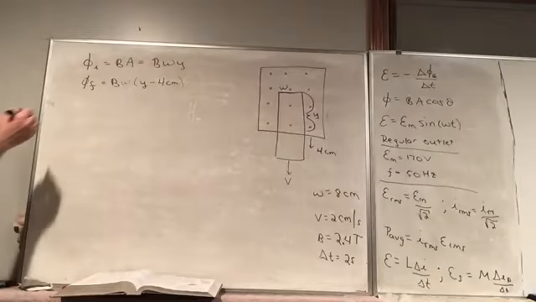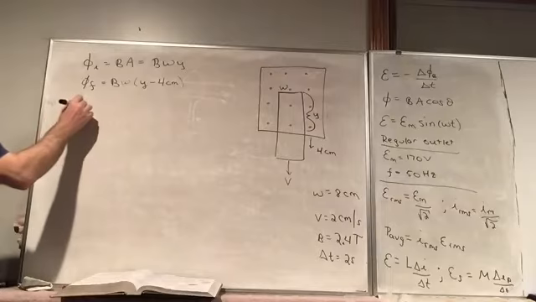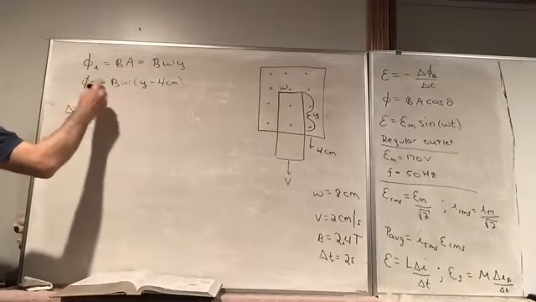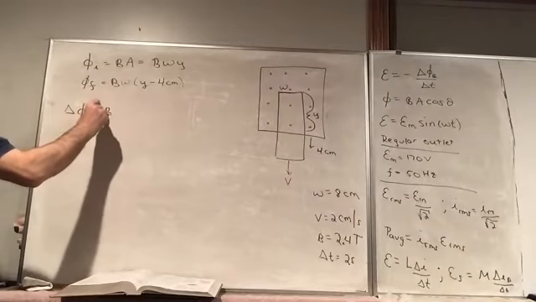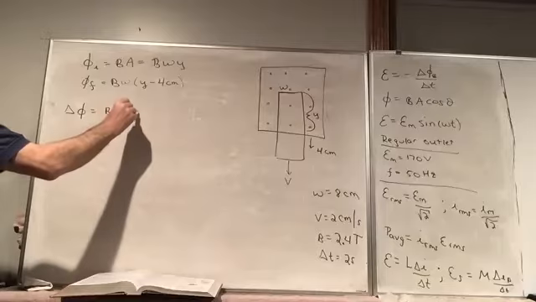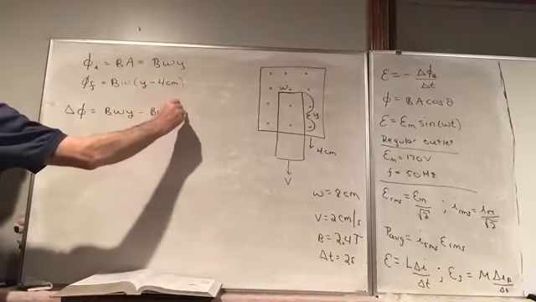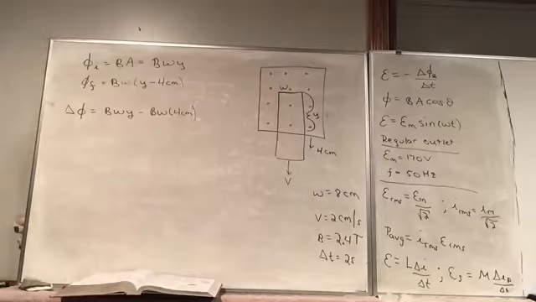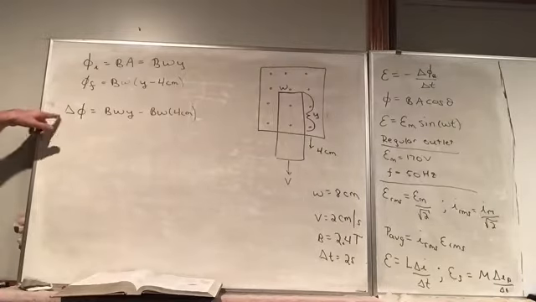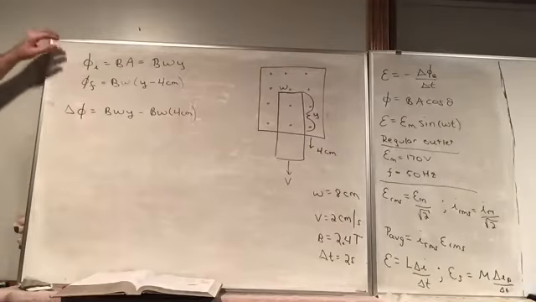Okay, so the change in flux, let's distribute that. We'd have the final flux, which would be BWY minus BW times 4 centimeters. That was the final flux. And then, change is final minus the initial.